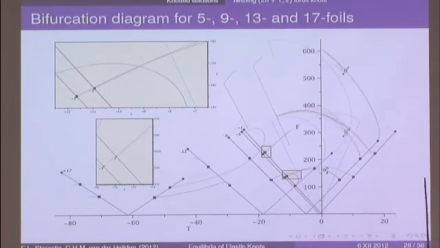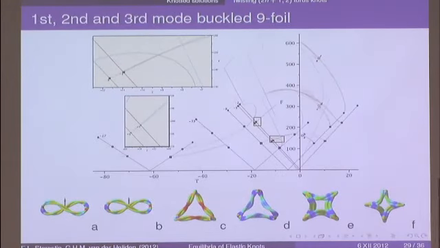The most interesting thing, it's even more complicated, because the transition curves are actually pairs of transition curves depending on geometry. For example, here and here, sometimes they coincide, sometimes not.